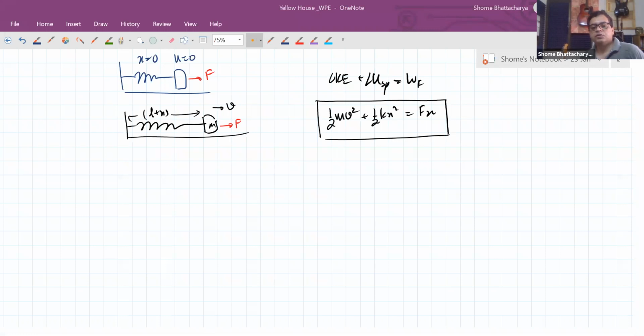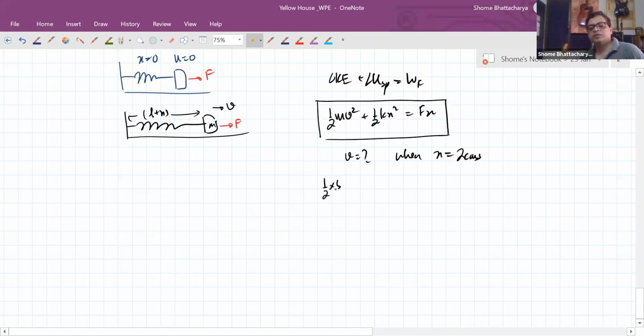Okay. So now we want to find out v when x is equal to 2 centimeters. So half into 5 into v square plus half into k, which was 20 newtons per centimeter, so write it as 20 into 10 raised to 2 newtons per meter, into x, which is 2 into 10 raised to minus 2, squared.